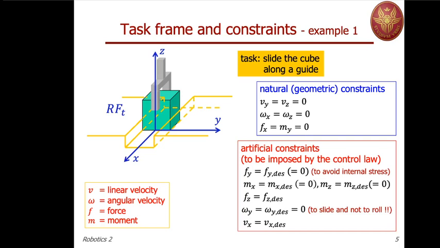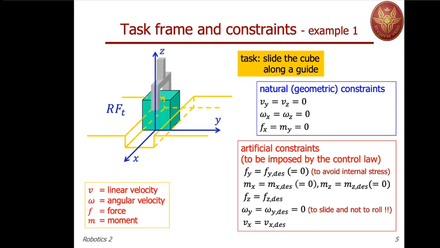As a rule of thumb, if you have a linear velocity along the y direction among the natural constraints, so this is constrained to be 0, and this is very important, this structural 0, then the linear force along that direction, so Fy, will appear among the artificial constraints. This is the first equation that you see in the red box, and it can be assigned any desired value.